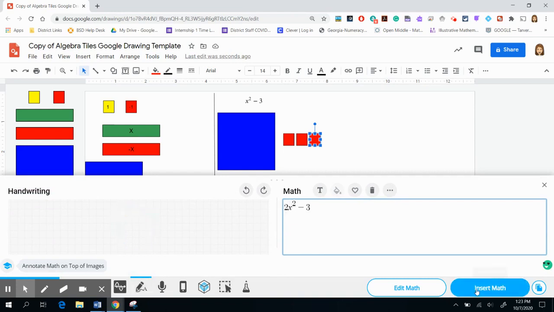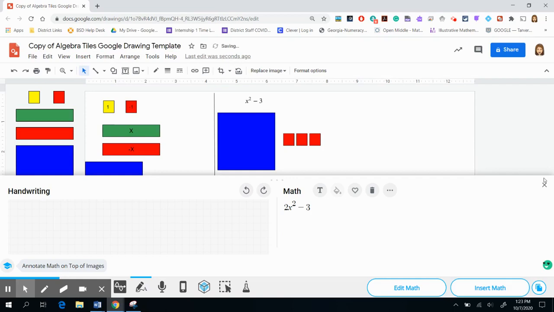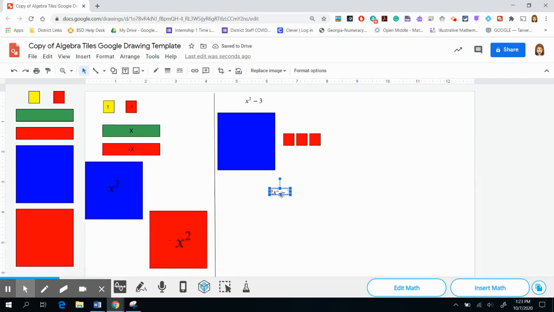All right. Now I want to look at 2x squared minus 3. So this time we see the coefficient 2. 2 what? Two groups of x squared.